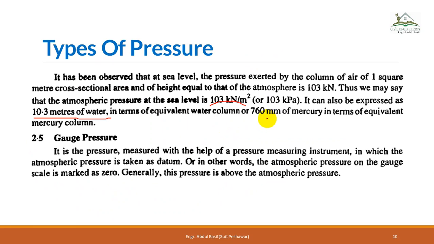In a similar way, if the column is made up of mercury, then the height required to produce this much pressure, 103 kilonewton per meter square, is 760 millimeters of mercury head. So in head of mercury the atmospheric pressure is equal to 760, in head of water it is 10.3, and in head of air it is the height from the sea level to the space.